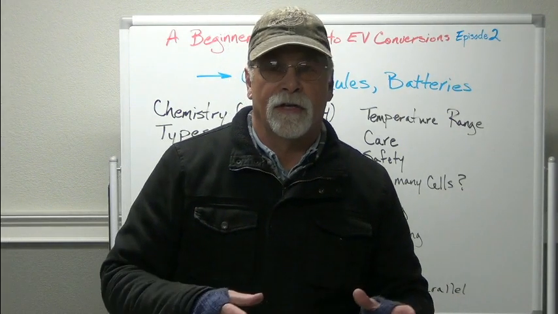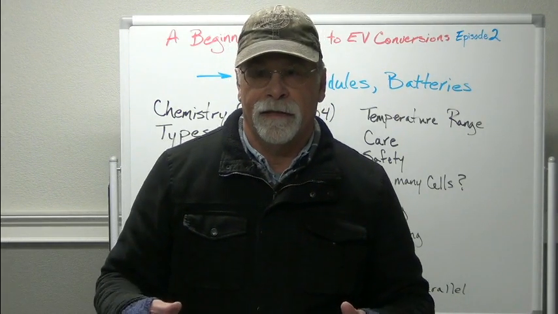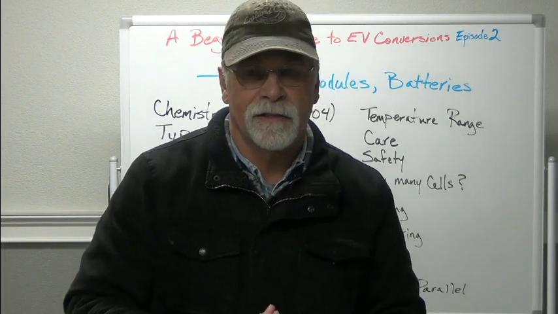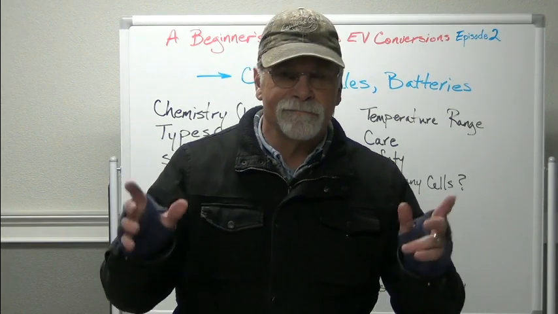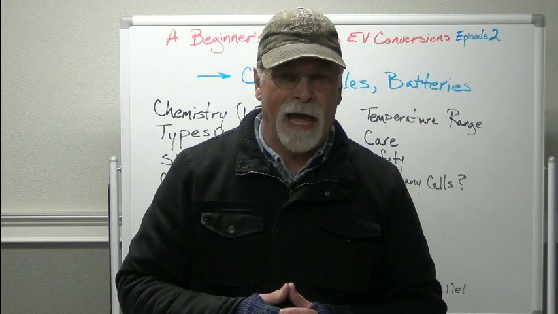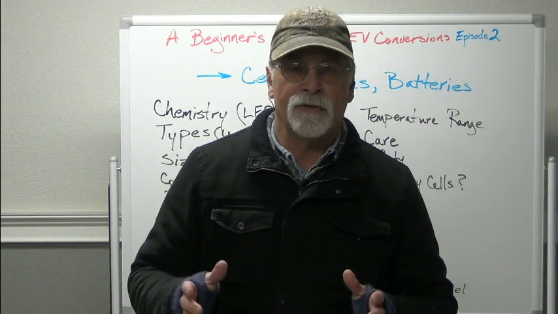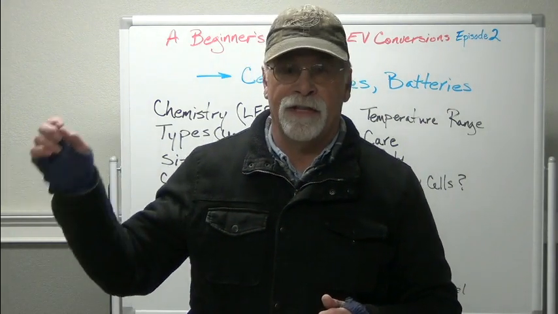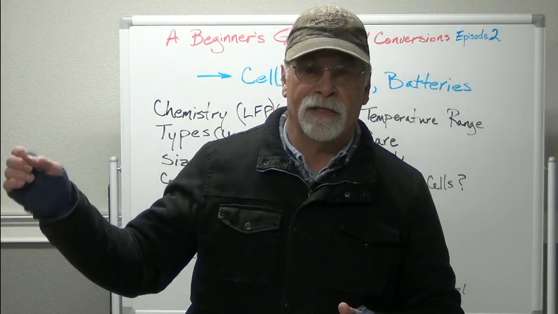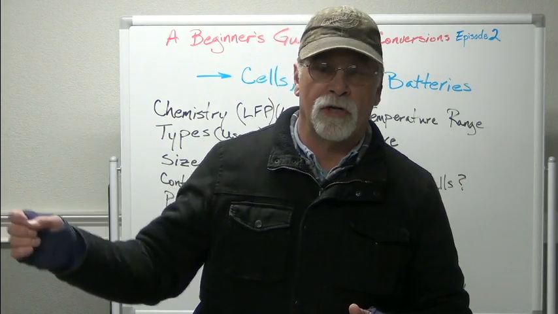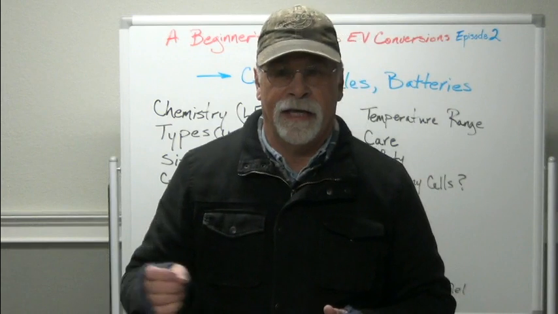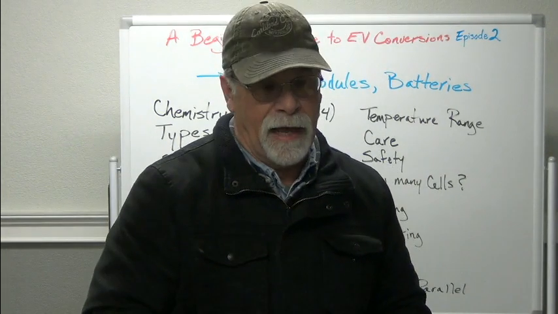All those things interject limitations into these prepackaged batteries. We're using individual cells because they have the ability to put out a lot more current than one of these prepackaged batteries.